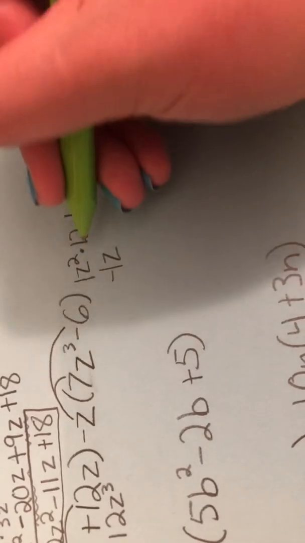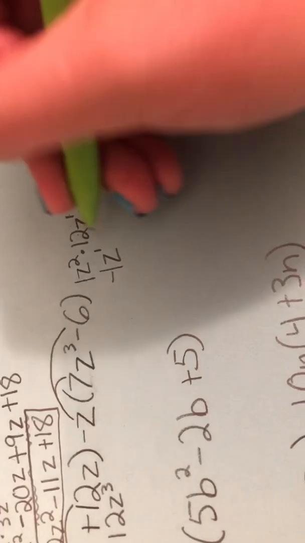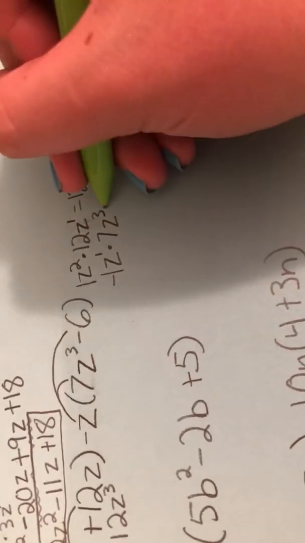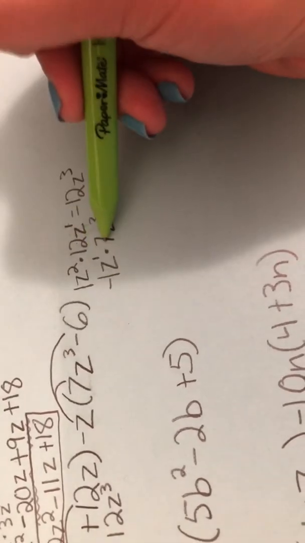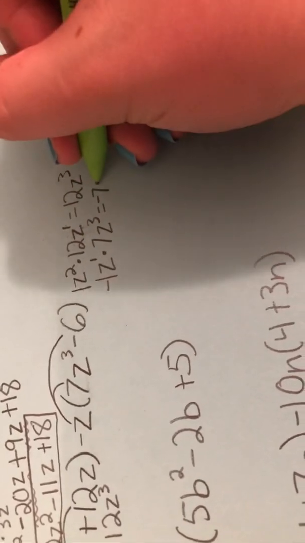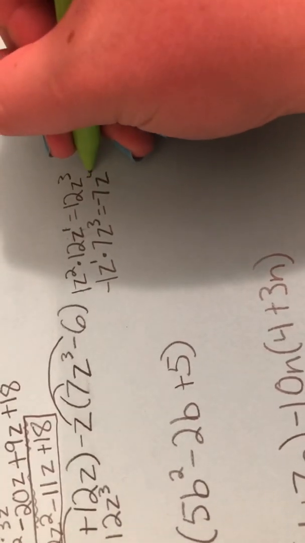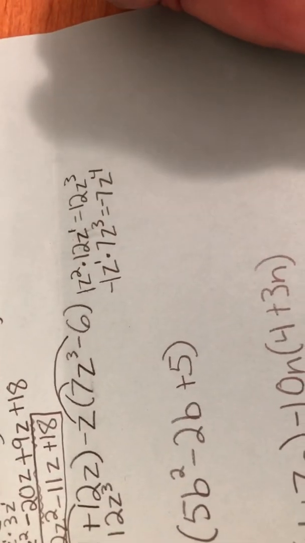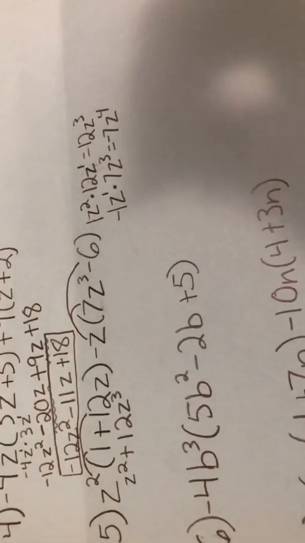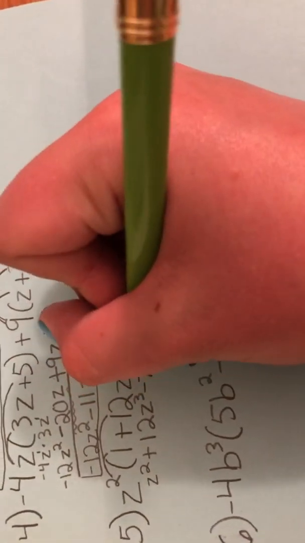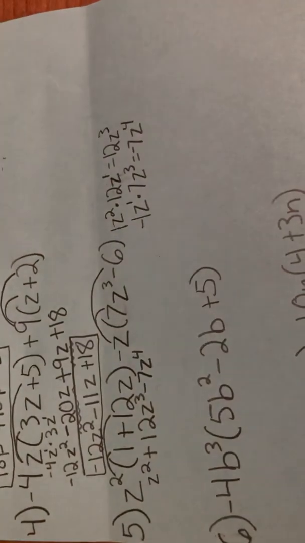So negative 1z raised to the first times 7z raised to the third. Well, we're multiplying our coefficients, so negative 7z, and we're adding our exponents. So we have 4. And that is negative, so we have subtraction. So negative z to the fourth.